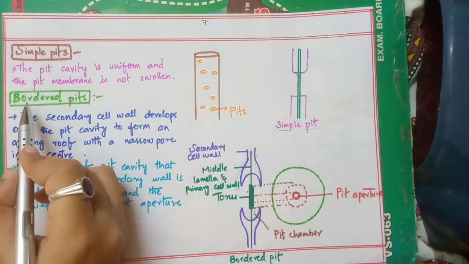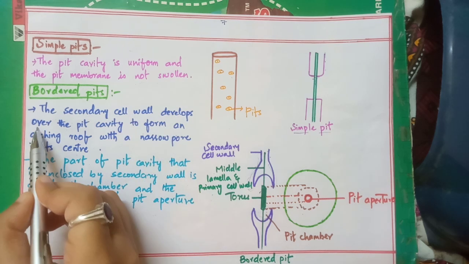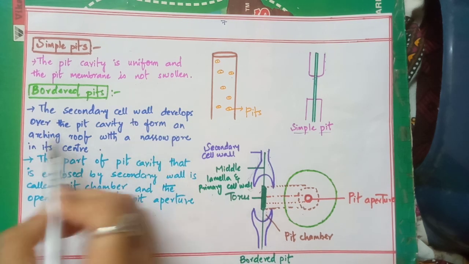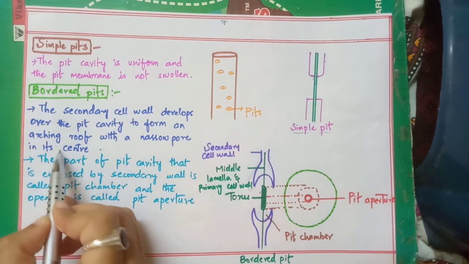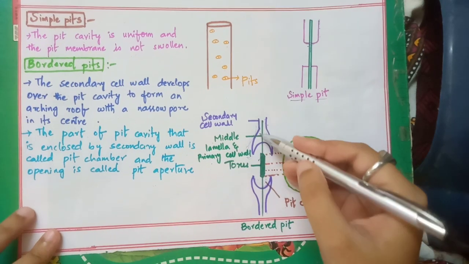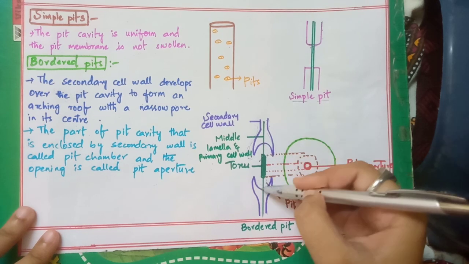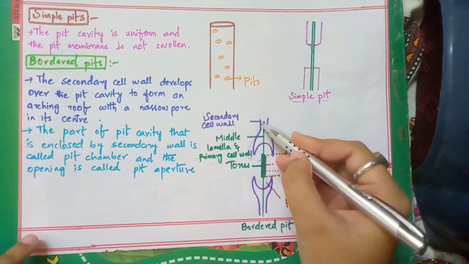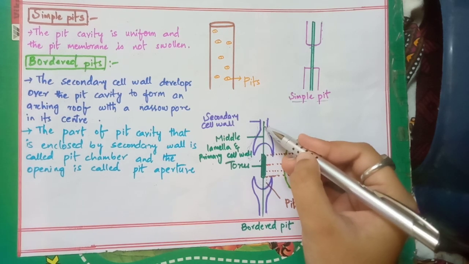Then coming to the bordered pit, here the secondary cell wall develops over the pit cavity to form an arching roof with a narrow pore in its center. See this structure. This is the pit membrane. This particular structure which is shown in the blue color is known as the secondary cell wall.